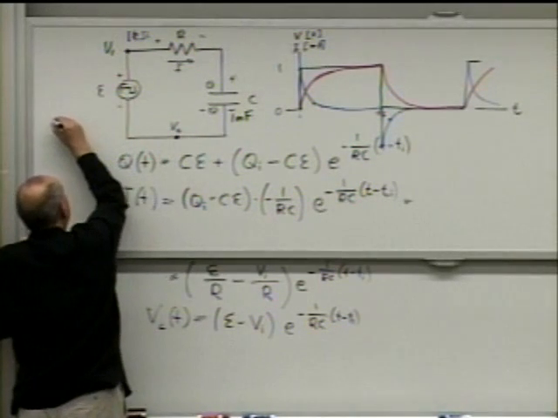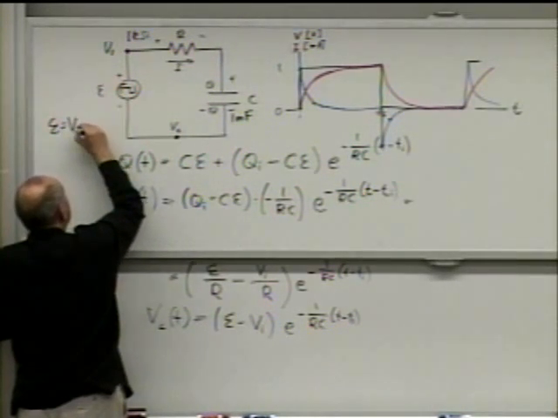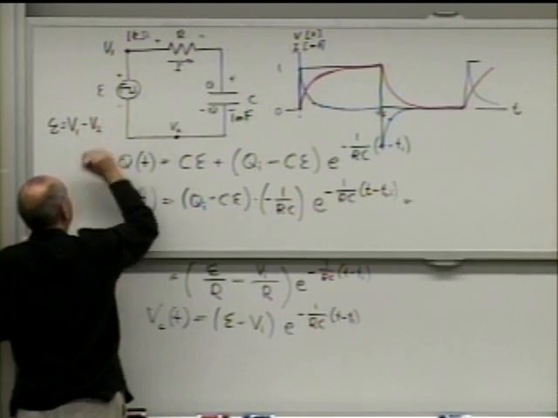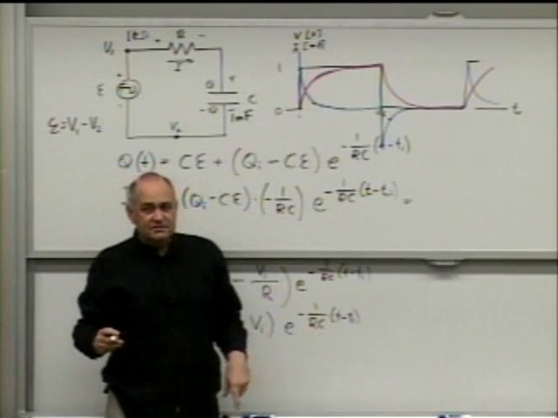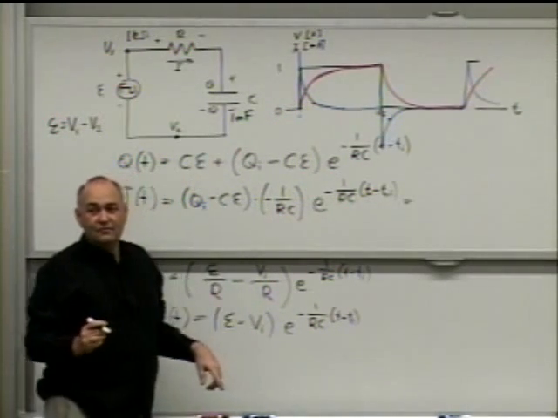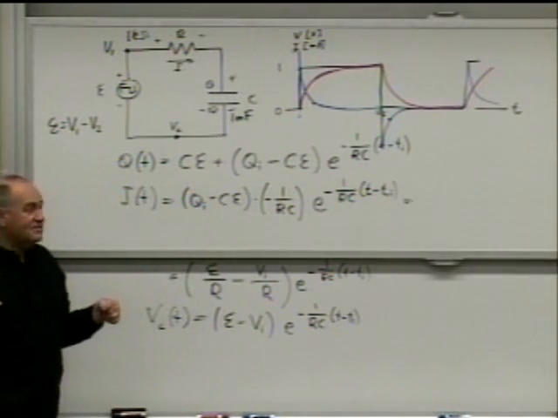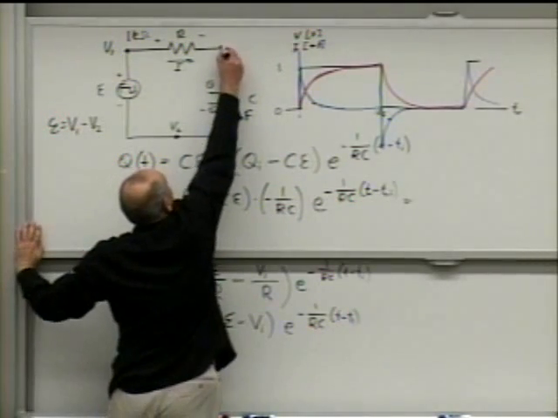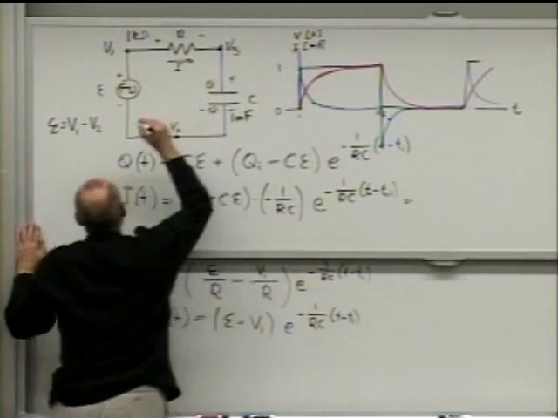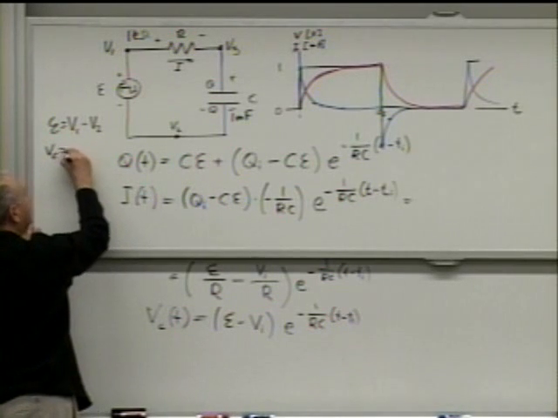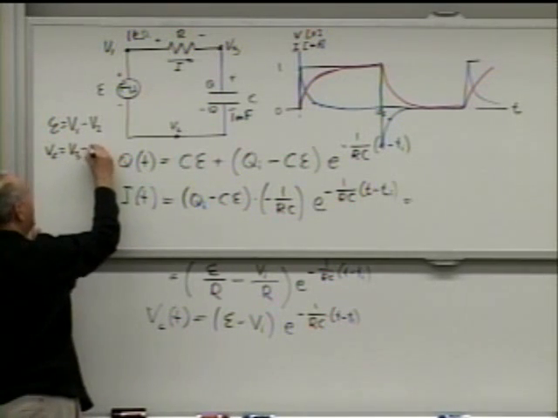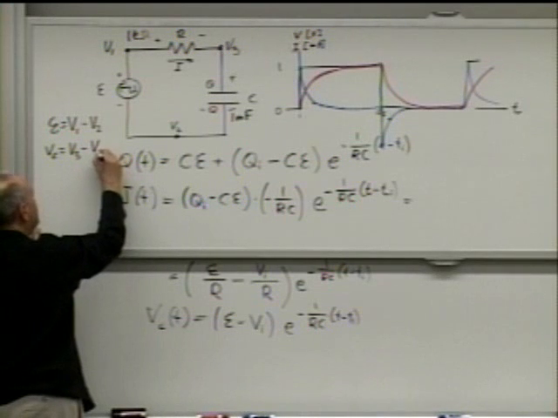So this electromotive force is V1 minus V2. Now, what does the red line represent? Voltage across the capacitor. So that red line is V3 minus V2.